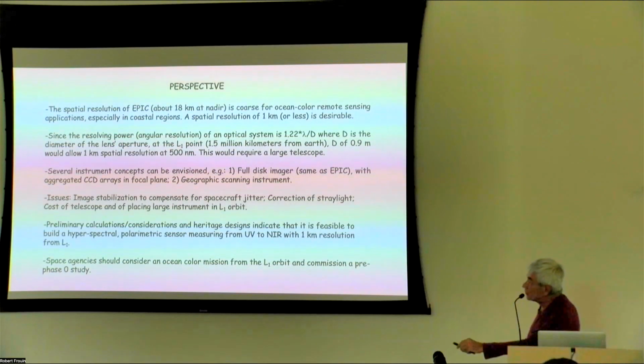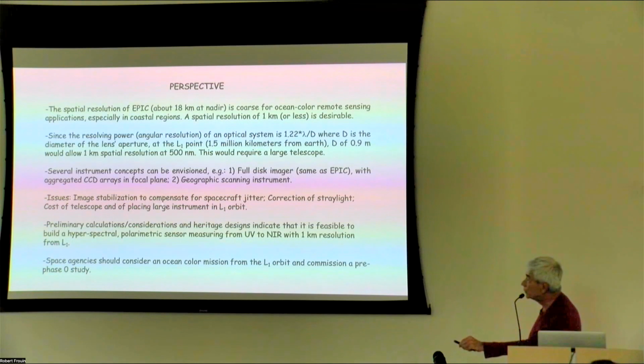But there are some issues, of course, because you are quite far away. Image stabilization to compensate for spacecraft jitter is an issue, as is correction of stray light, if you have this kind of system in particular. And the big issue is the cost of the telescope and of placing a large instrument so far away.